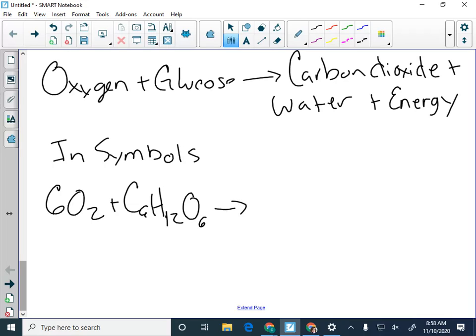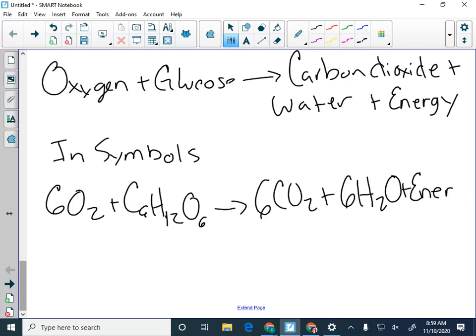We're putting those together, and we're going to get 6 CO2 plus 6 H2O plus energy. These are opposite processes. Is that a question? Yes. 6 O2 plus C6H12O6 gives 6 CO2 plus 6 H2O plus energy.